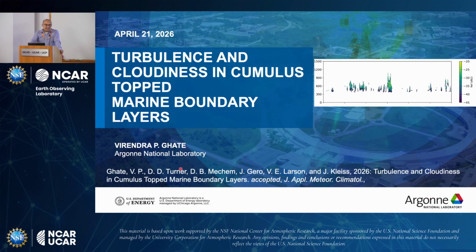And Jessica Kleiss is a professor at Lewis and Clark College in Oregon, and she helped out with case identification and also the total sky image analysis. Before I go further, let me also acknowledge my funding agency, the Department of Energy's Atmospheric System Research Program, ASR. Most of the data we use in this work is from the Atmospheric Radiation Measurement, or ARM, program.